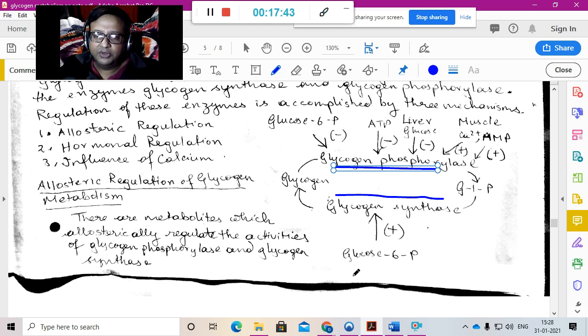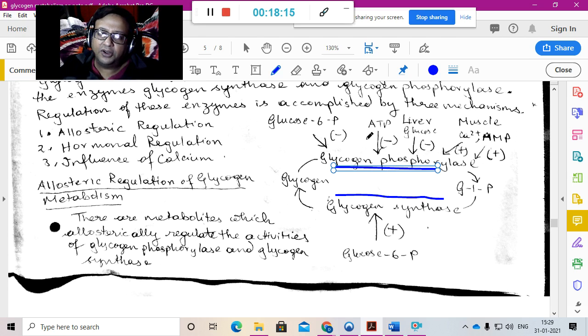When there is a lot of glucose 6 phosphate, glycogen synthase is allosterically activated, and it makes more glycogen. At the same time, a lot of glucose 6 phosphate negatively inhibits the activity of glycogen phosphorylase. That is an allosteric inhibition.